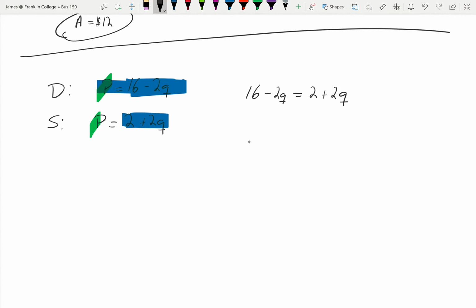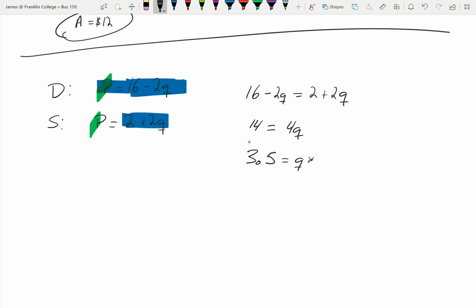And now we can solve for our q. So if we add 2q to both sides and subtract 2 from both sides, we're going to be left with 14 equals 4q. Divide both sides by 4, and 3.5 equals q.